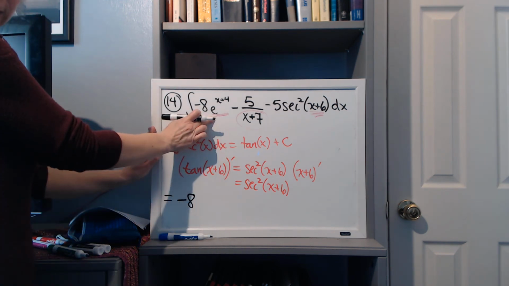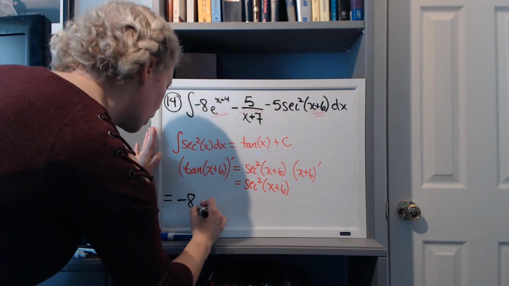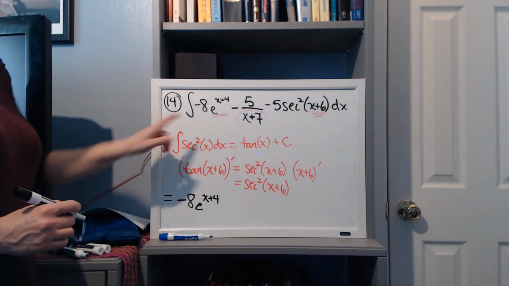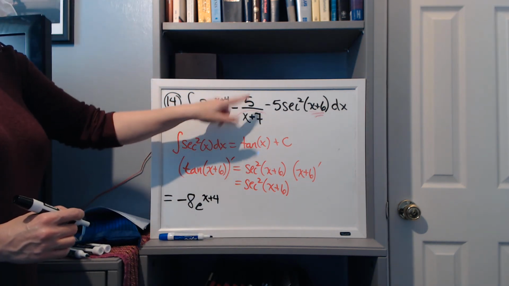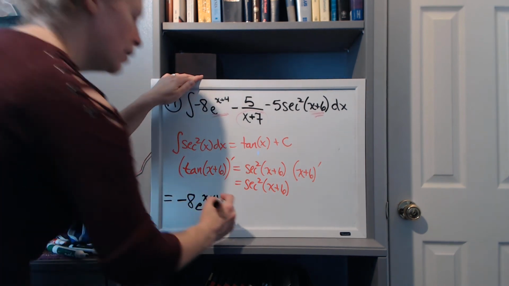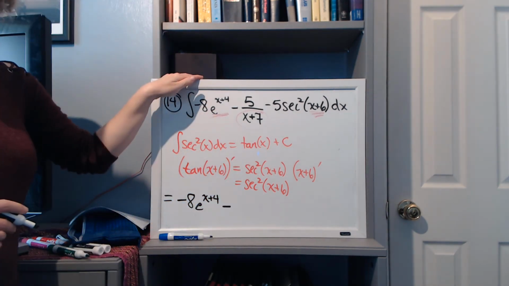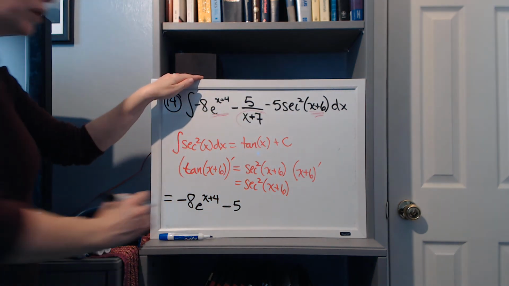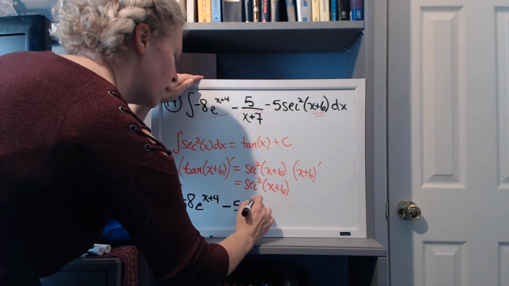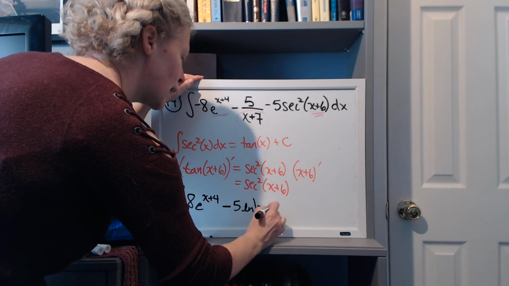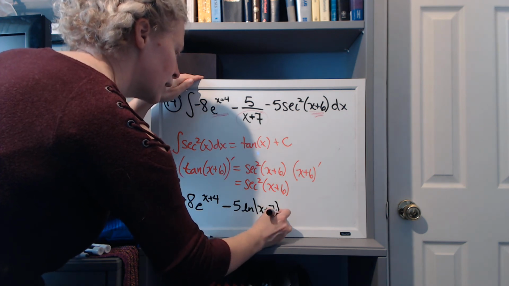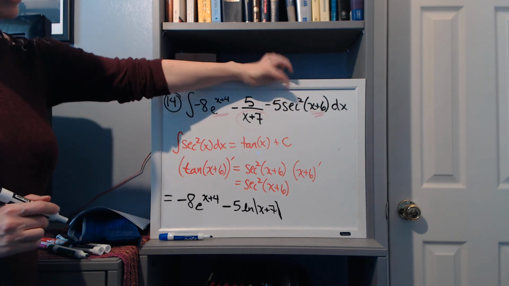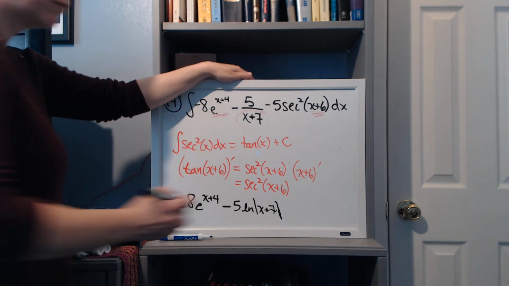And then we talked about the antiderivative of e to the x plus 4 is just going to be e to the x plus 4. For the negative 5 over x plus 7, the negative just kind of comes along with it. The 5 is a constant multiple, so we get negative 5. And then we're going to have the natural log of absolute value of x plus 7. That's our antiderivative rule with the absolute value in there. And then with the secant squared, we have negative 5 out in front.